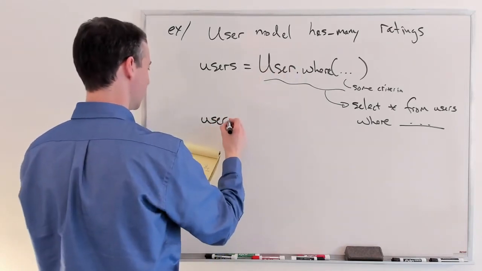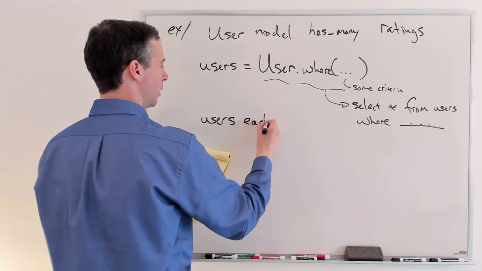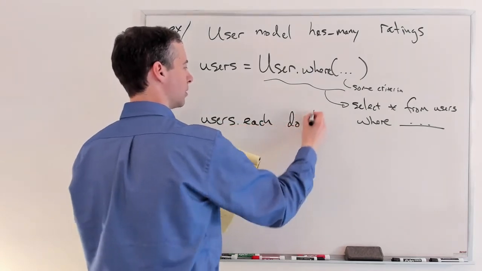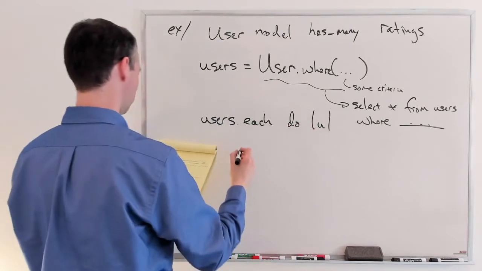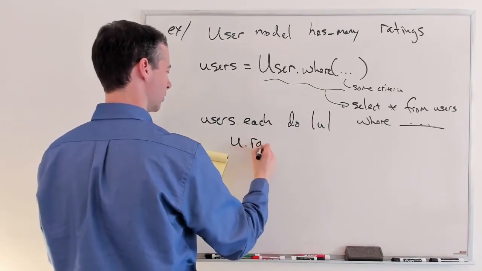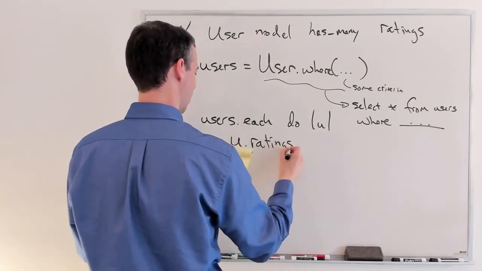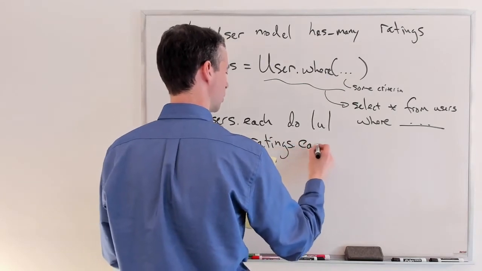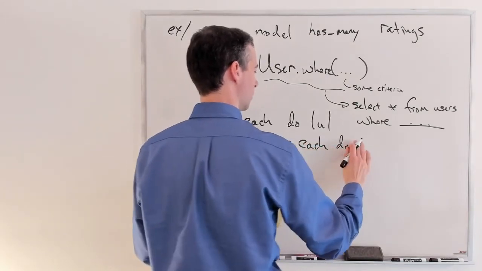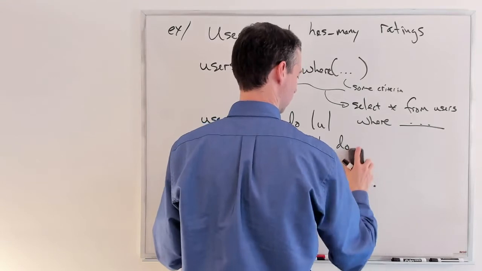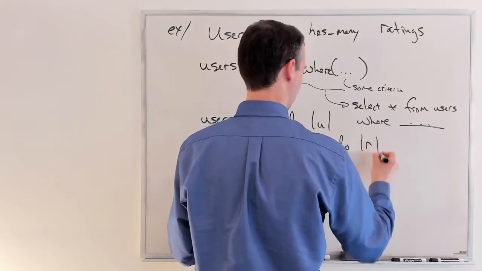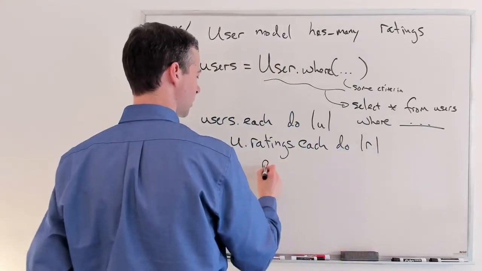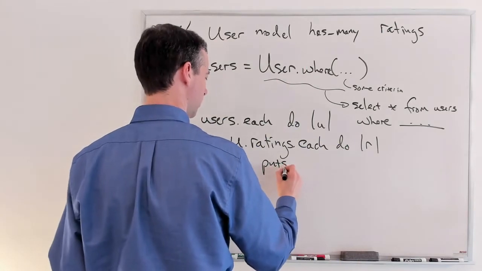So we might very well then go users.each do, and for each user, let's do something with their ratings, ratings.each do r. So let's just as an example, do something simplistic.